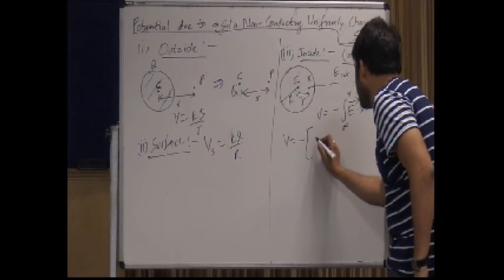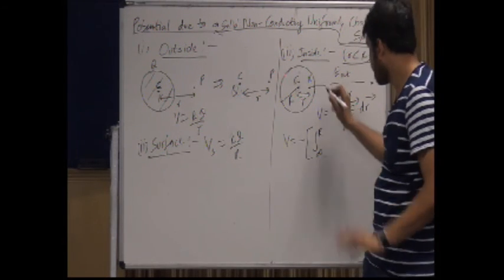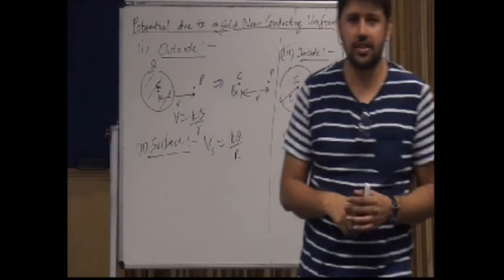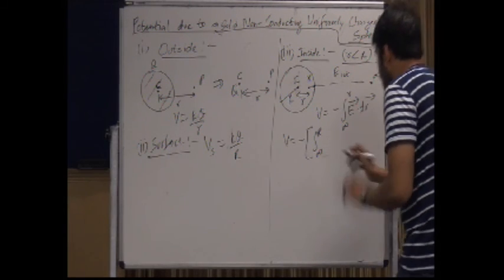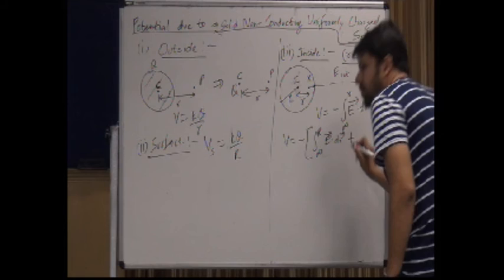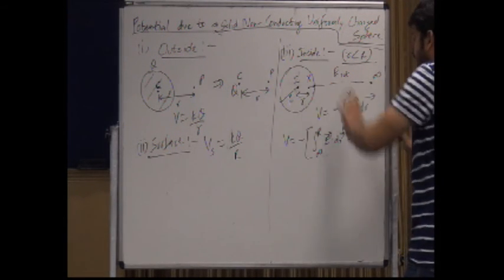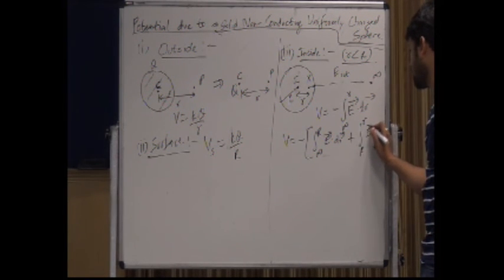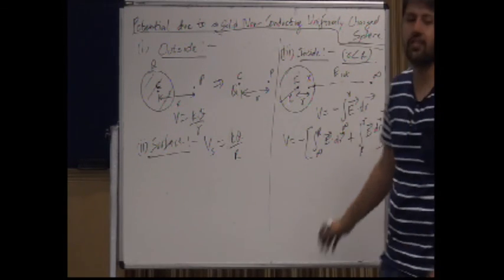So now check. I would do integral infinity to capital R, that is the surface point. I am calculating it in two stages. First, I am bringing the charge from infinity to surface point, for which the integral would be this. Then I am taking the charge from surface to inside. So integral capital R to small r E dot dr. Now we can actually integrate it, but we need not.